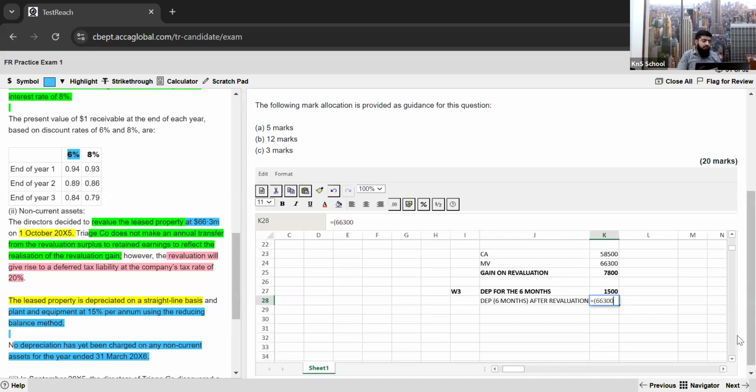Now, the important task of this question is to calculate the remaining useful life. Anyone of you, can you please calculate the remaining useful life?